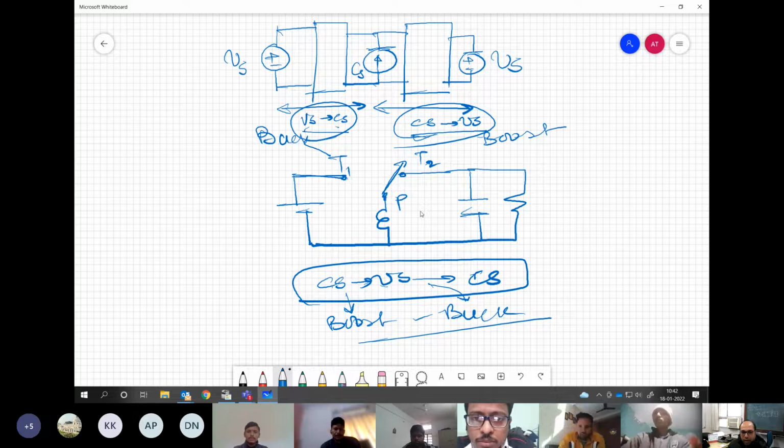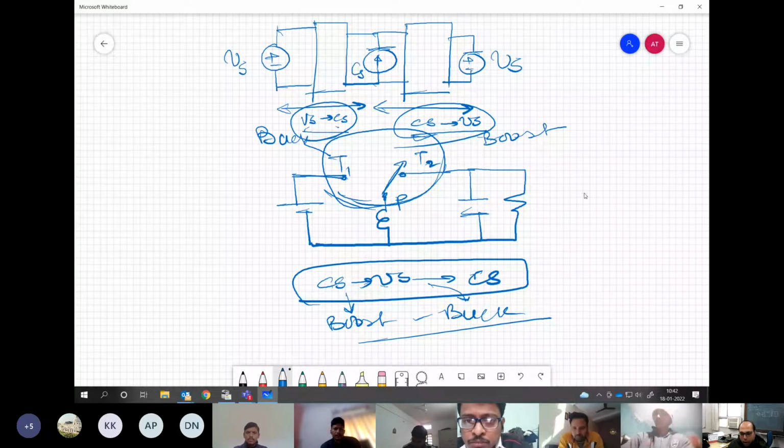So definitely there would be some assignment questions and some examination questions based on this kind of arrangement. So be prepared. Now you can draw how the inductor current is going, how the inductor voltage is, and then how the capacitor current and capacitor voltage are. All these things you can draw. Again, you may have two configurations.